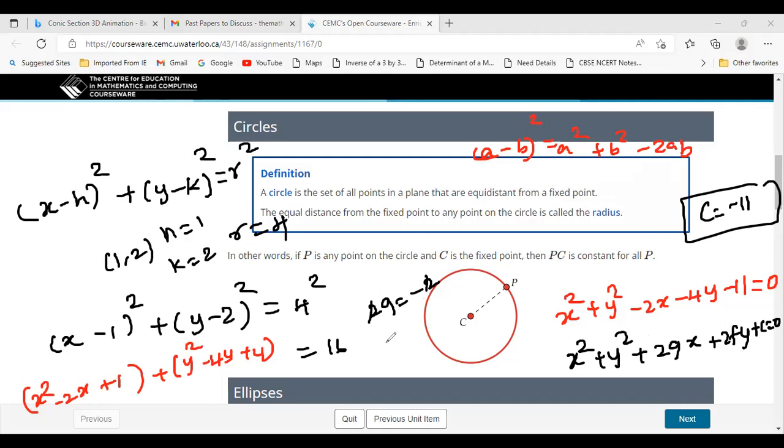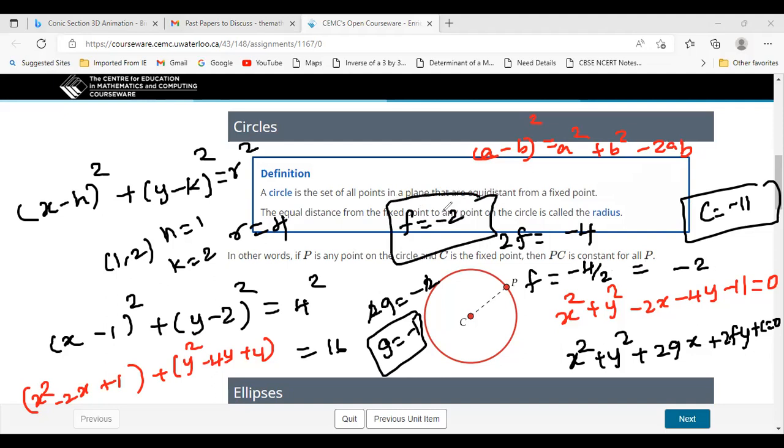So 2 and 2 will get cancelled. The value of g is going to be negative 1. And you can also find the value of f, which is the coefficient of y. So 2f is equal to negative 4, so f is equal to negative 4 by 2, which will give you negative 2. So the value of f is minus 2. Can you follow what is g and what is f now?